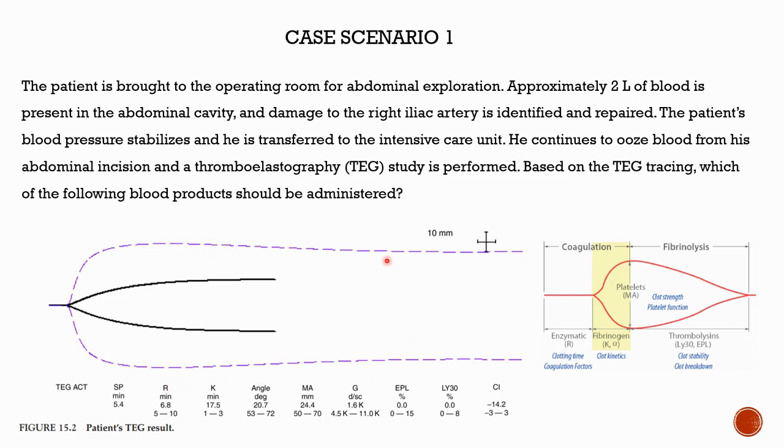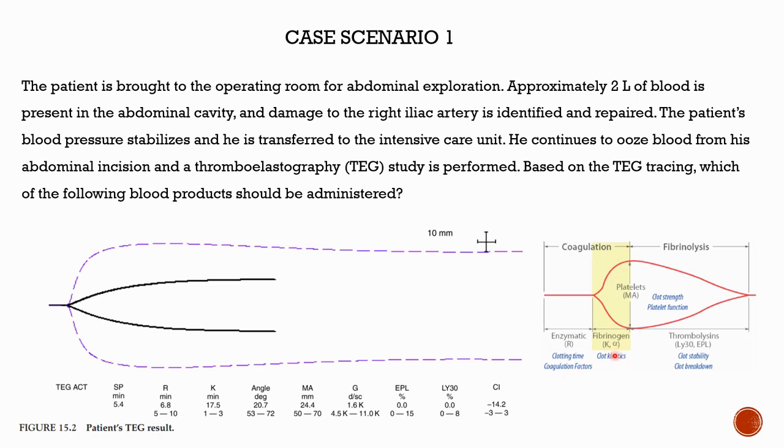This is the patient TEG, denoted by the black line, and this is a normal TEG. Before interpreting this TEG, we will first go through a normal TEG, which is denoted by 5 variables. The R time denotes the initiation of clot formation, and it is dependent on clotting factors.